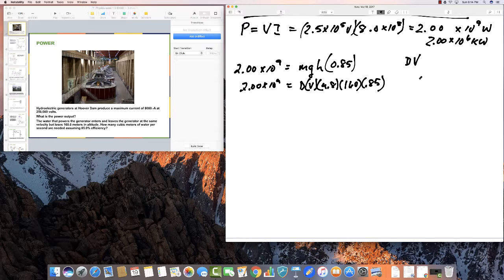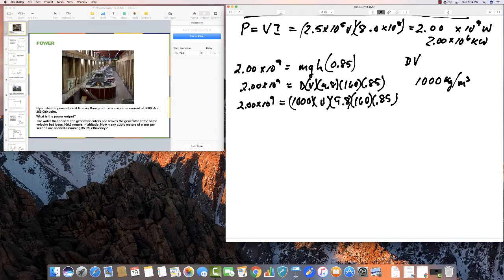The density of water, we're going to assume it's fresh water. It's 1,000 kilograms per cubic meter. And so we can put that in: 1,000 kilograms per cubic meter times V times 9.8 times 160 times 0.85 equals 2.00 times 10 to the 9th.